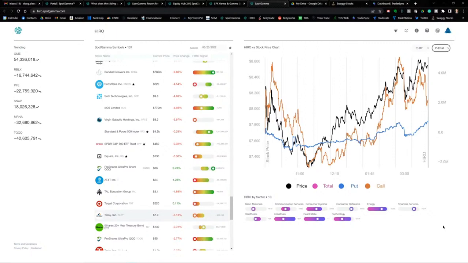So when traders are buying calls, market makers are selling those calls, and they have to buy stock to hedge their delta exposure. So as time passes and Friday approaches, those calls start to lose value. Market makers don't have as much delta exposure, and they can start to sell their long stock hedges.